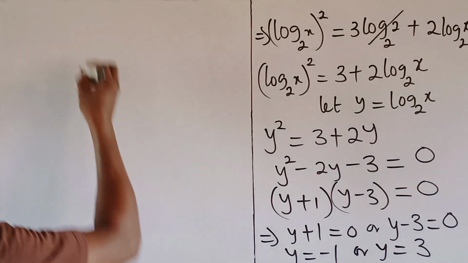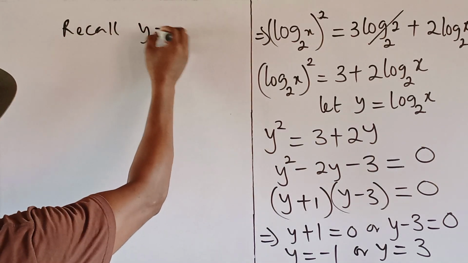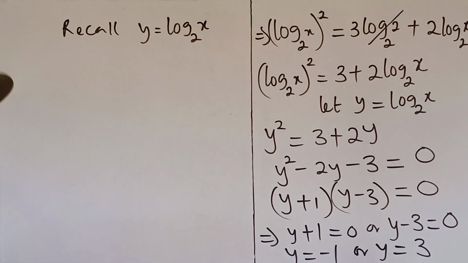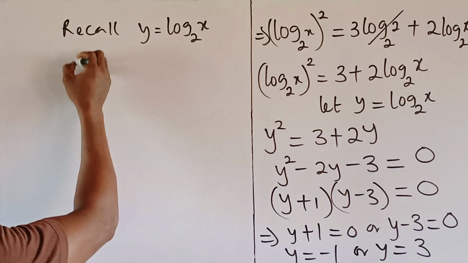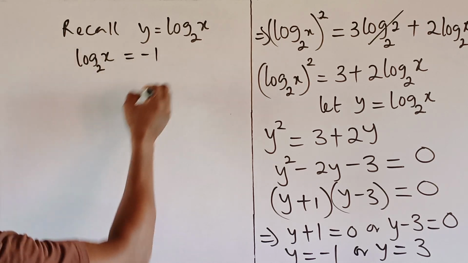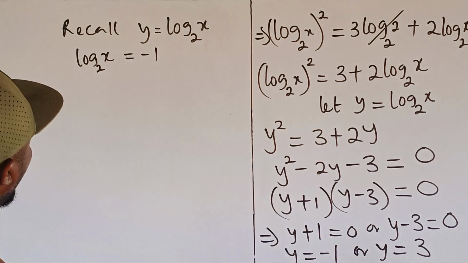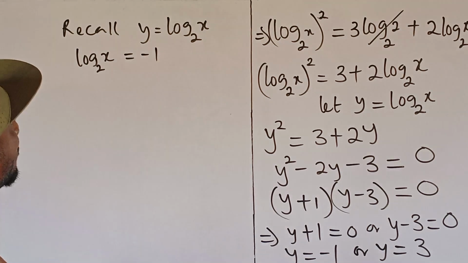So I'll say recall y equal to log to base 2 of the argument x. So when y is equal to negative 1, we're going to have log to base 2 of the argument x equal to negative 1. Then I shall transform this logarithmic equation to its exponential version.